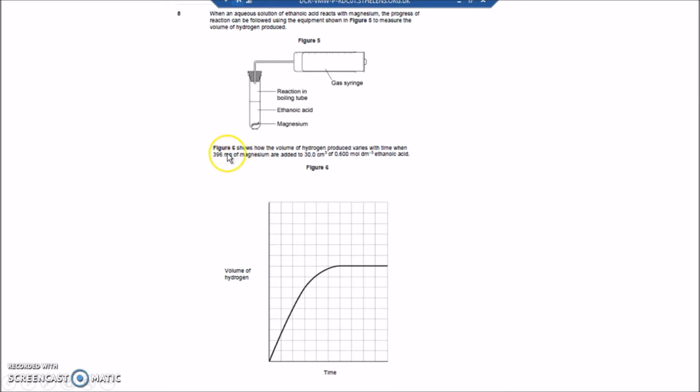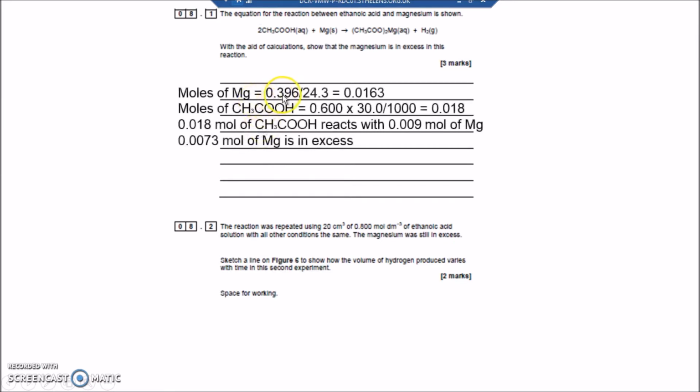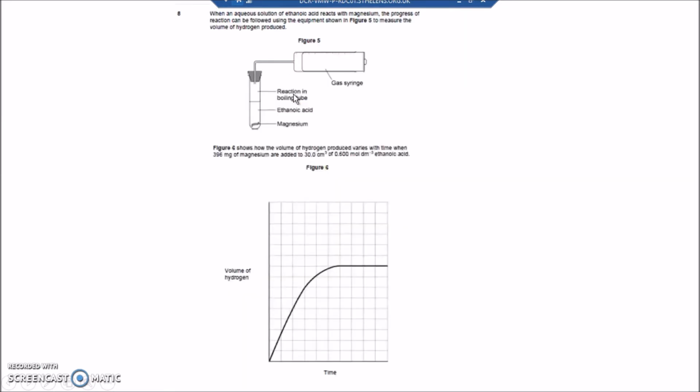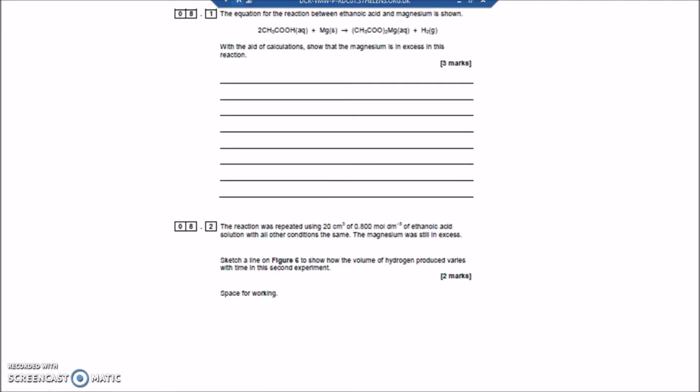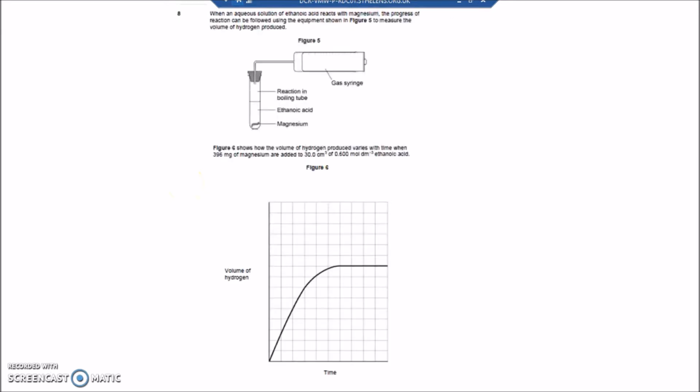Moles is mass in grams, 0.395, divided by the Mr. It should be 0.395 divided by 24.3, which is the accurate Mr of magnesium from the periodic table, equals 0.163.